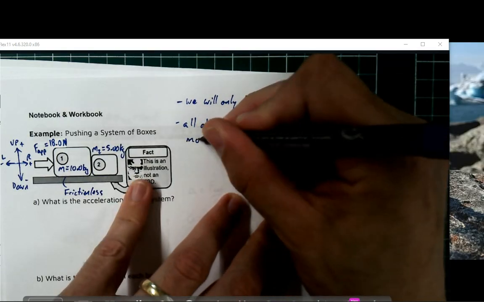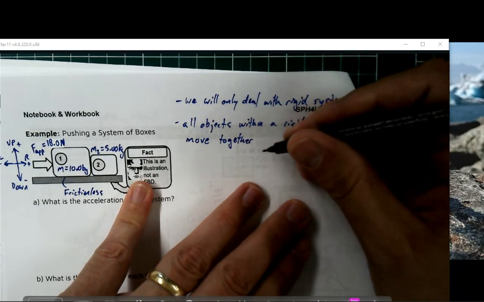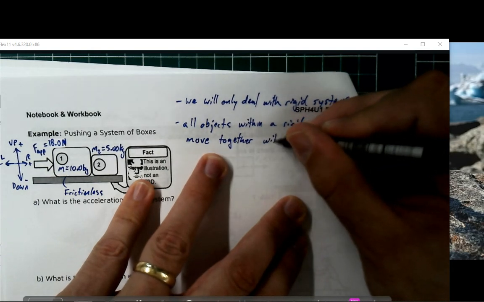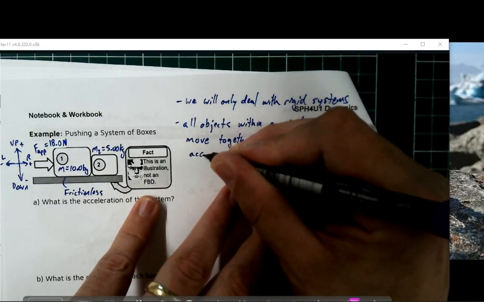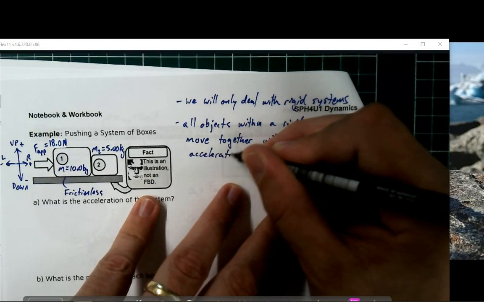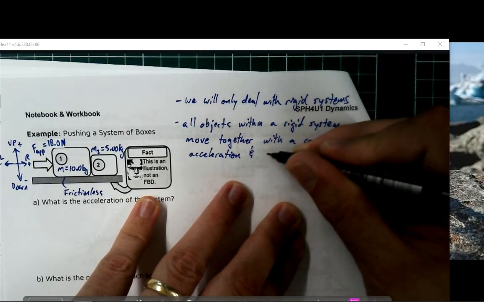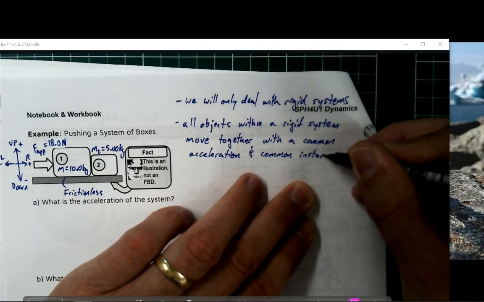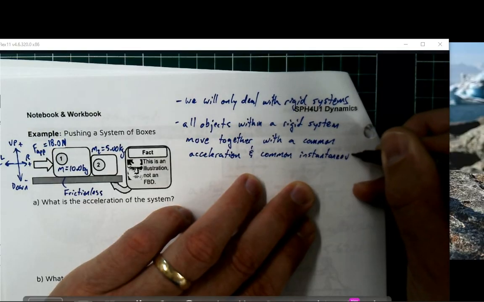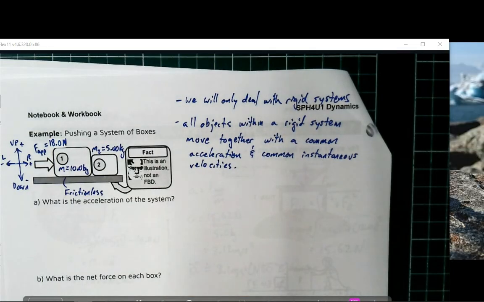Move together with a common acceleration and have common instantaneous velocities. Okay, so that's a promise. And actually that makes a lot of things easier.